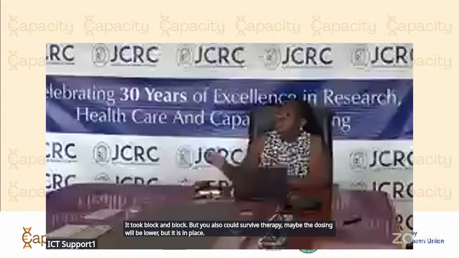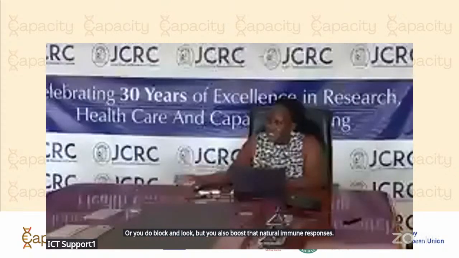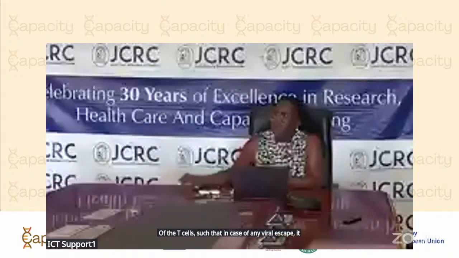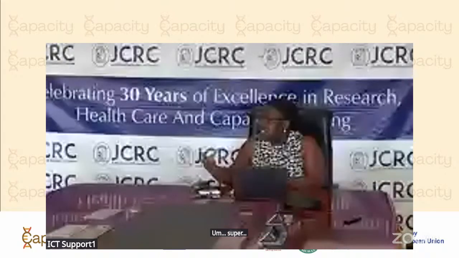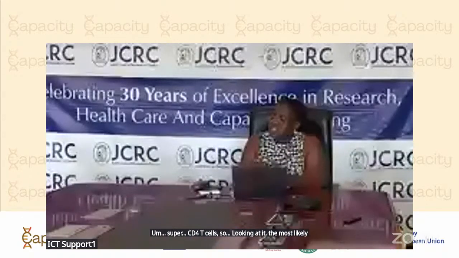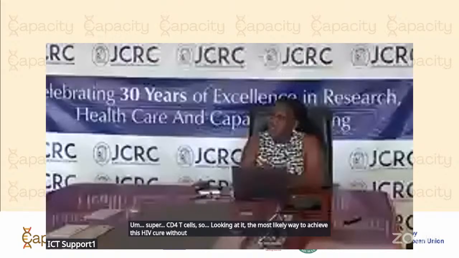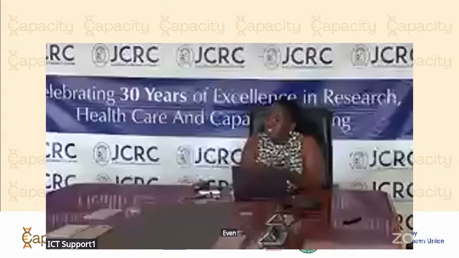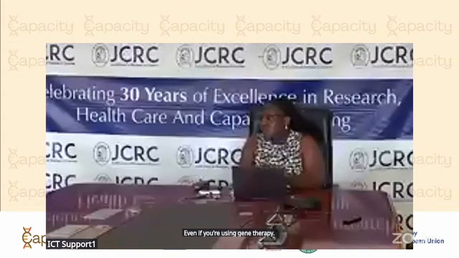Or you do block and lock, but you also boost the natural immune responses of the T cells, such that in case of any viral escape, it can be cleared by these super CD4 T cells. So looking at it, the most likely way to achieve this HIV cure without viral escape is having a multi-pronged approach, even if you're using gene therapy as a cure.